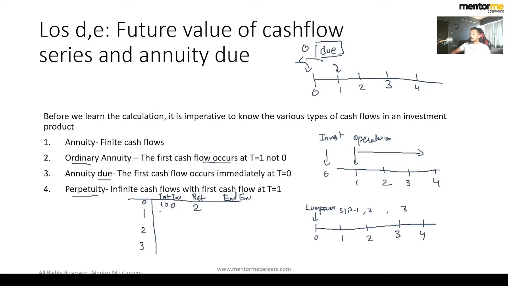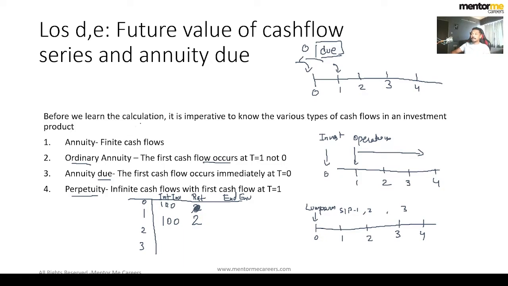As opposed to a normal scenario, you will invest out here, and in the next period, you've got exactly 1 year or 365 days or even 1 month for this to compound, and then your 2 actually comes out here. So this is the practical difference between an ordinary annuity and an annuity due.